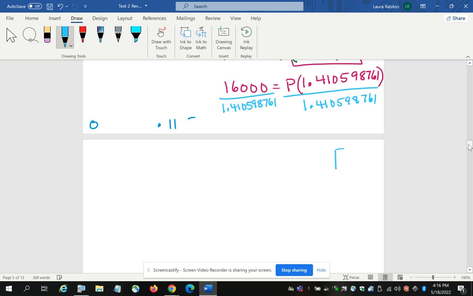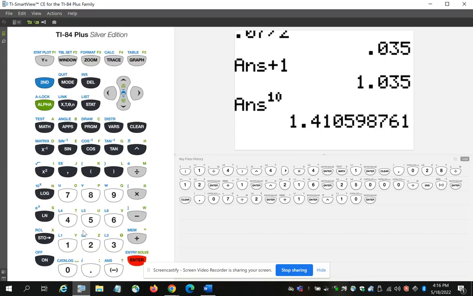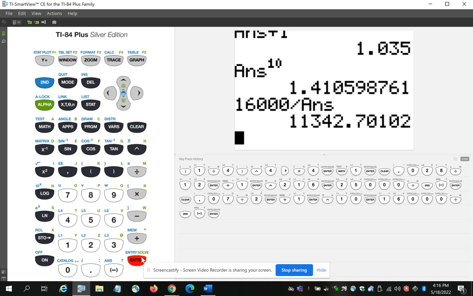So we get P equals, let's see, we do 16,000 divided by that long decimal number, and we get 11,342.70102.